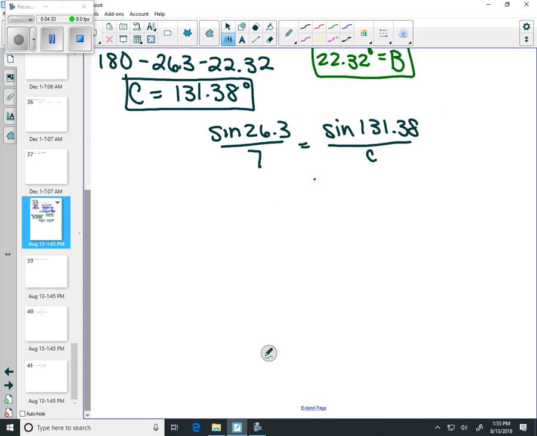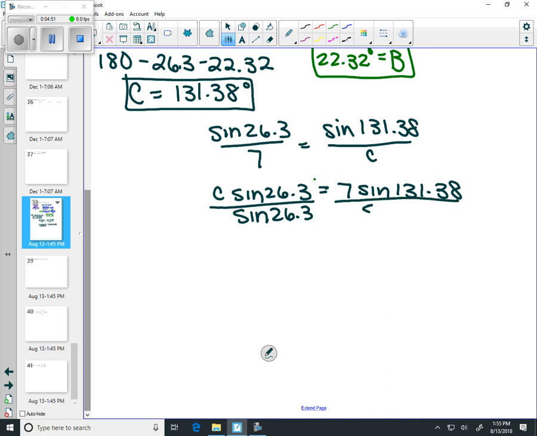So c times sine of 26.3 is equal to 7 times sine of 131.38, and divide both sides by sine of 26.3. And so side c, when I put that in my calculator, I got 11.85.